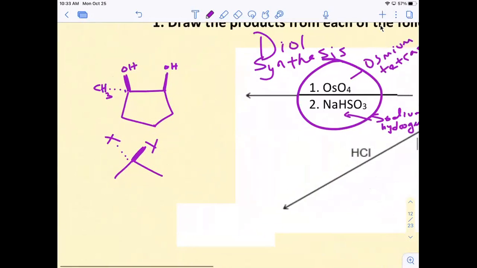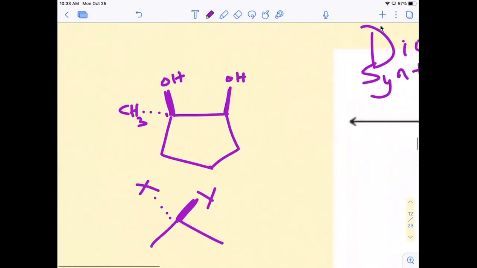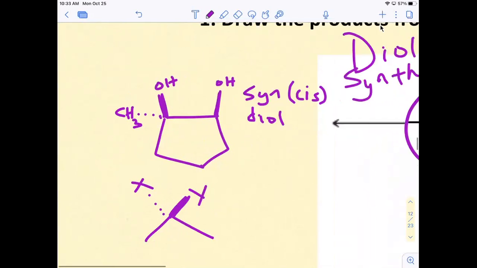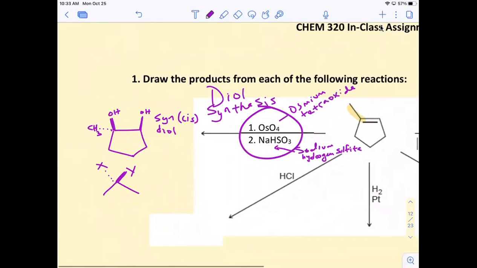Right, so this diol is what we call a syn diol, right? Because the OHs are on the same face, or cis. Those terms are synonymous when you're talking about stereochemistry. So syn or cis, you can kind of interchange them.